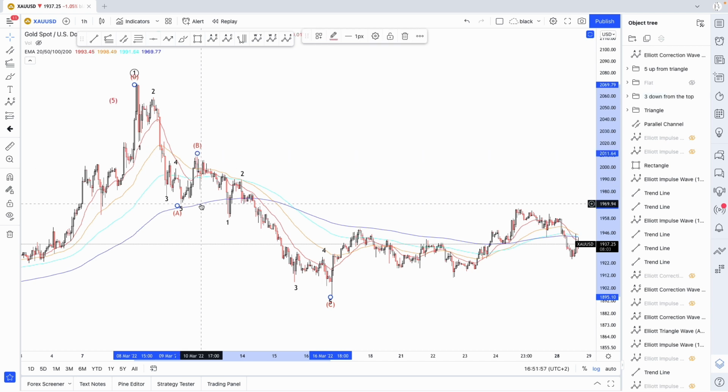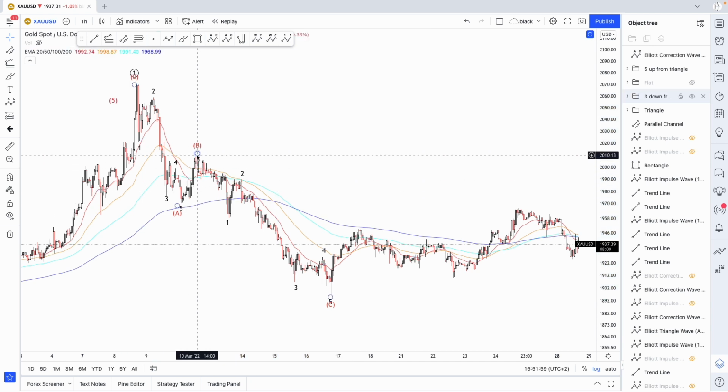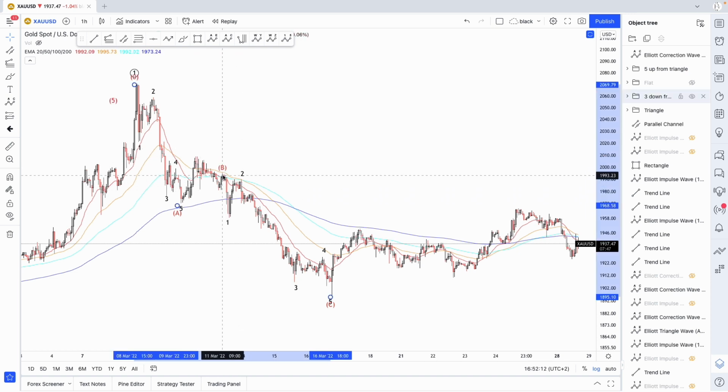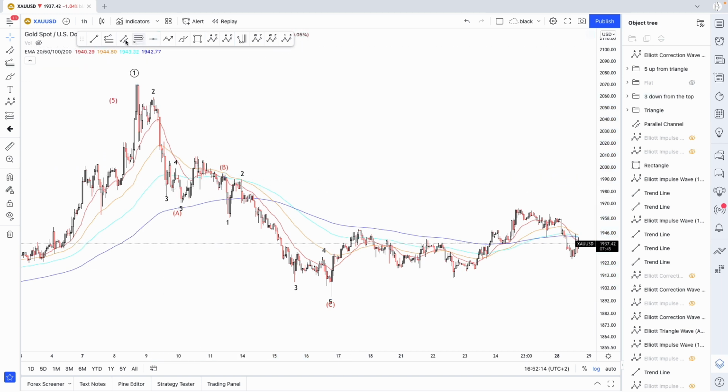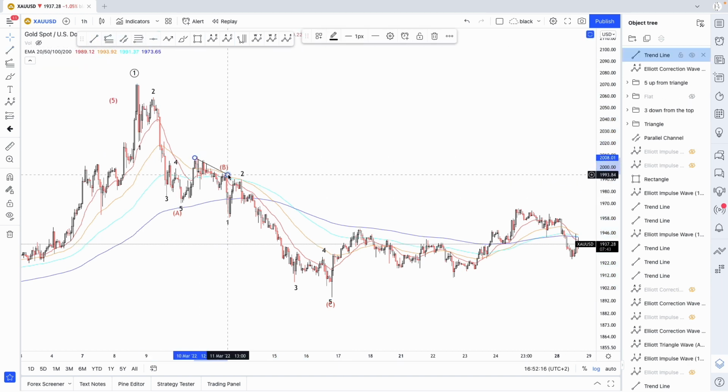Up for B, sharp B, very simple, both time and structure. And then, in my opinion, an ugly one. This doesn't look like a nice ugly, so most likely wave B is a triangle, which makes more sense.